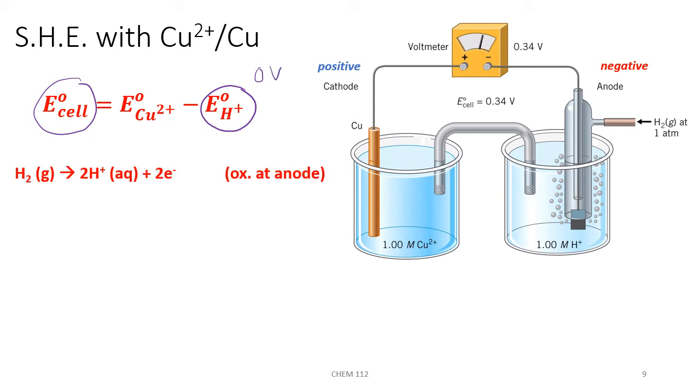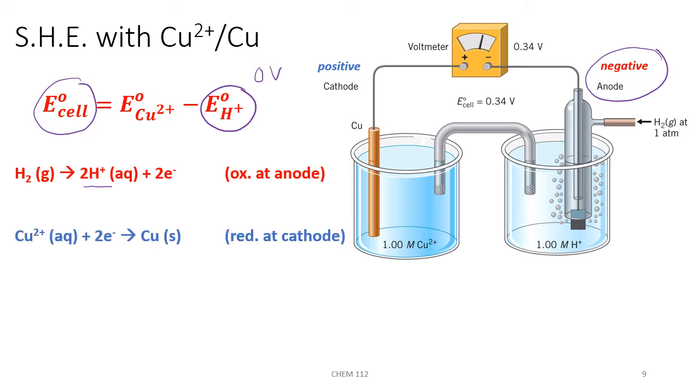At our anode, where oxidation occurs, our hydrogen gas is being oxidized into aqueous hydrogen ions through the loss of electrons. At our cathode, where reduction is taking place, aqueous copper 2+ ions in solution are reduced down to solid elemental copper. We would actually see this if we hooked this up in the lab.